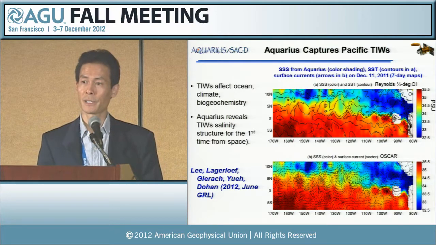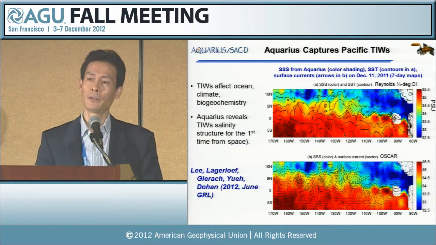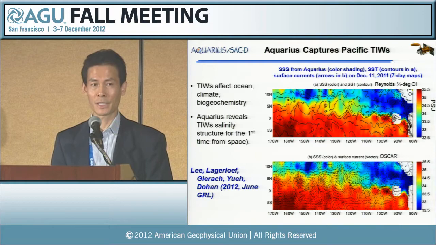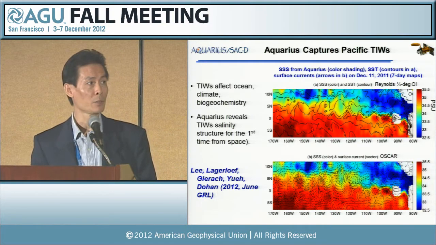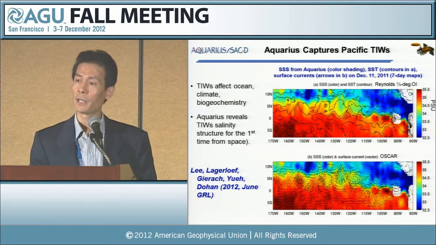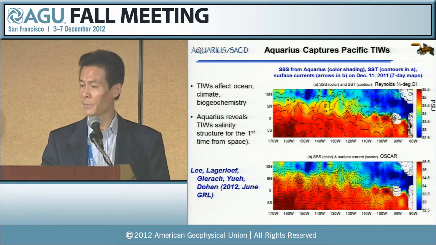And Aquarius, for the first time from space, is able to capture these waves and also add to the understanding of the salinity characteristic of this wave, as I will describe in these presentations. And the results are published in an article in GRL at the 1-year anniversary of Aquarius.